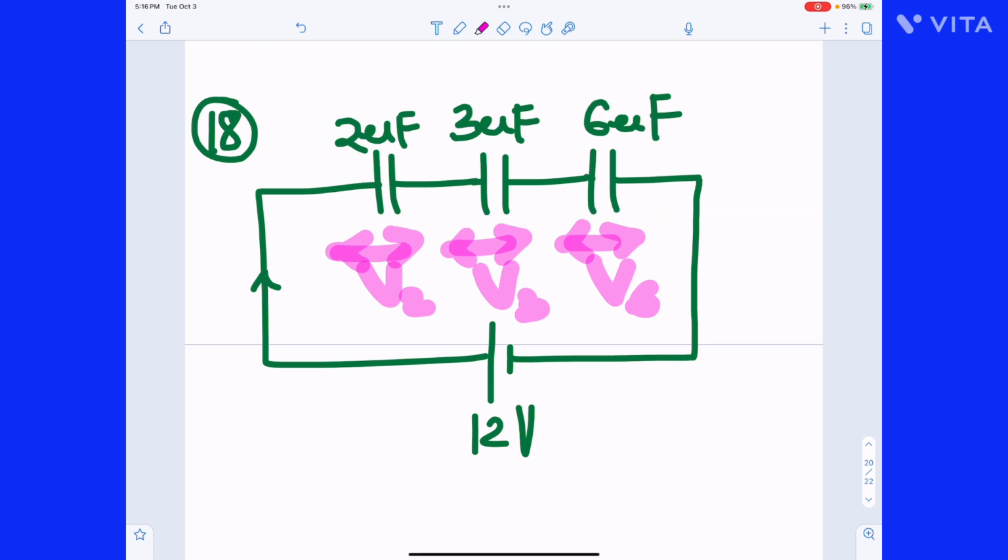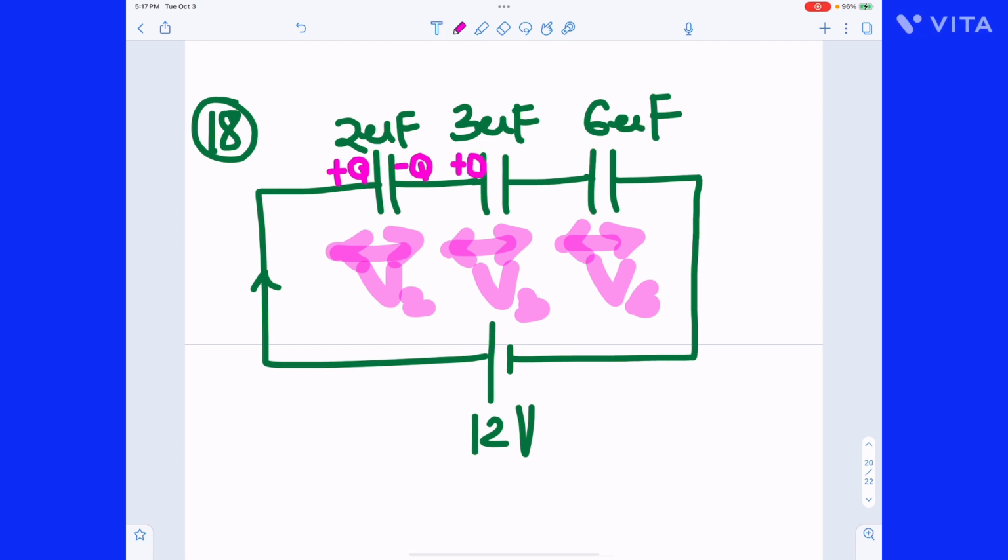After getting our effective capacitance, we will assume that all of these 3 are just one capacitor and that the same charge will be stored across their plates. So it is the same charge plus Q stored here, minus Q here.